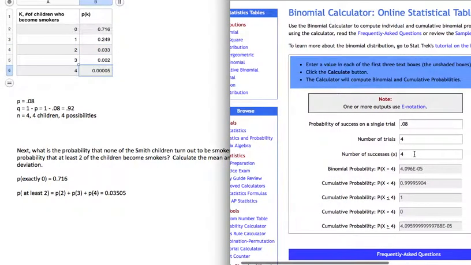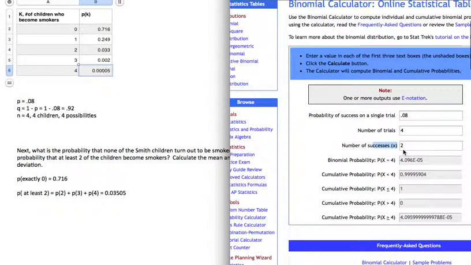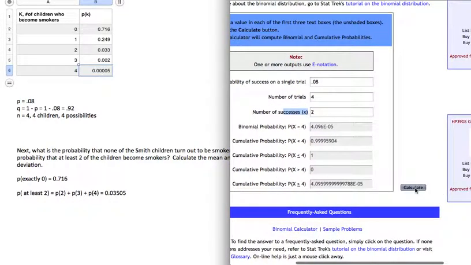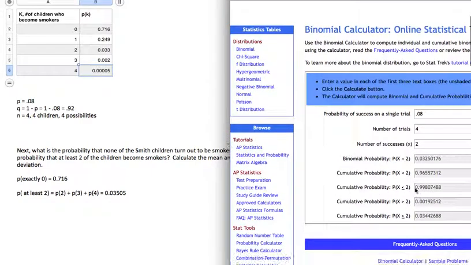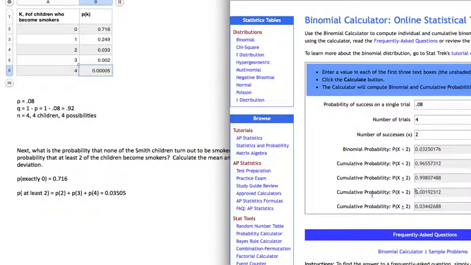Or if you want to, we could go over here, plug 2 back in, right? 2 for the number of successes, 2 children out of 4. We see, it says right here, the cumulative probability, the probability that we get 2 or more. We're using this one down here because it's greater than or equal to. We're including 2, right? We're including 2 or more.